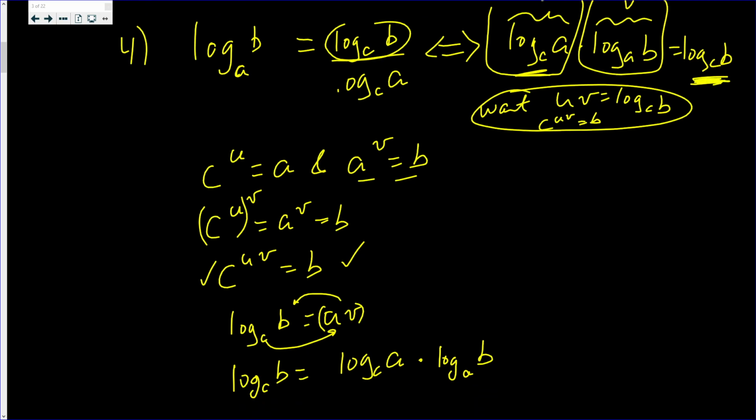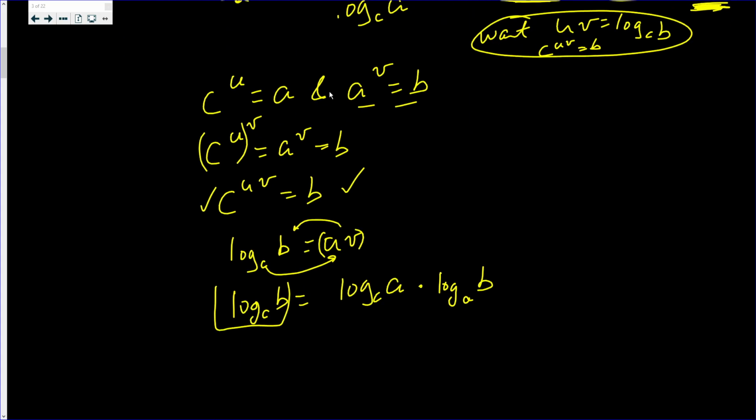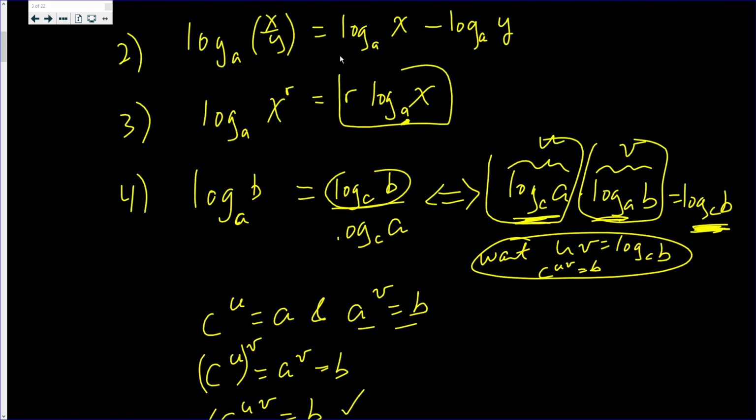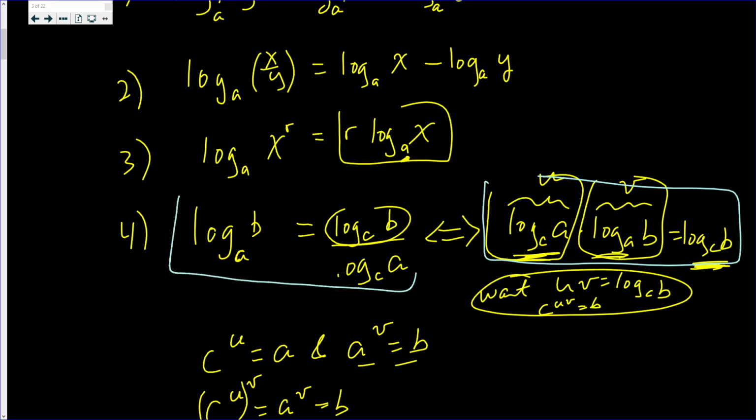Log base C of B, which is right here, is equal to this times that. Okay, this is called the change of base formula. You can change the base. And again, if this statement here is true, then this statement is true. So I change from base A to base C.